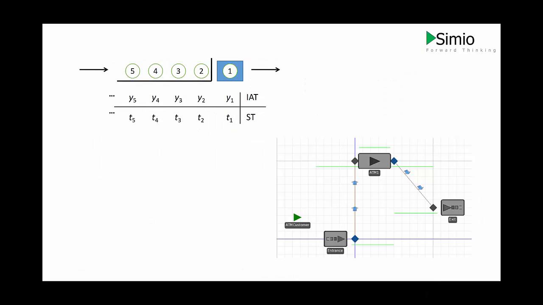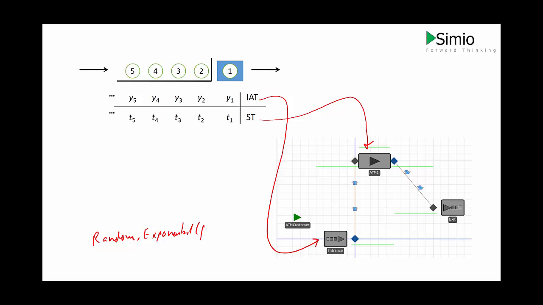Going back to our ATM example, we see that the inter-arrival times are modeled with a property on the source object, and the service times are modeled with a property on the server object. In our case, the IID assumption is what lets us use the random exponential property for the inter-arrival times and the random triangular ABC for the service time process.